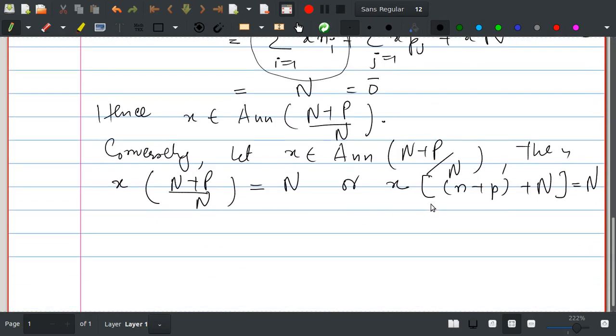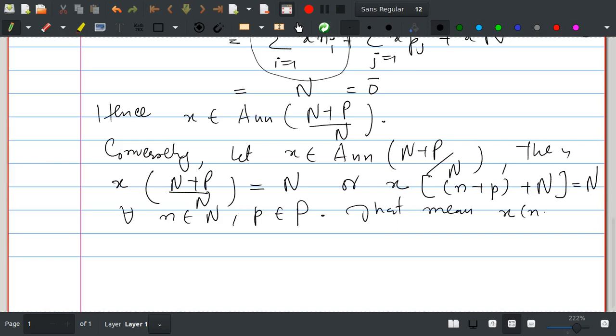On simplifying this, we get that this is actually true for all n in N and p in P. So this would imply that x times n plus p is actually an element of N by using the properties of cosets.